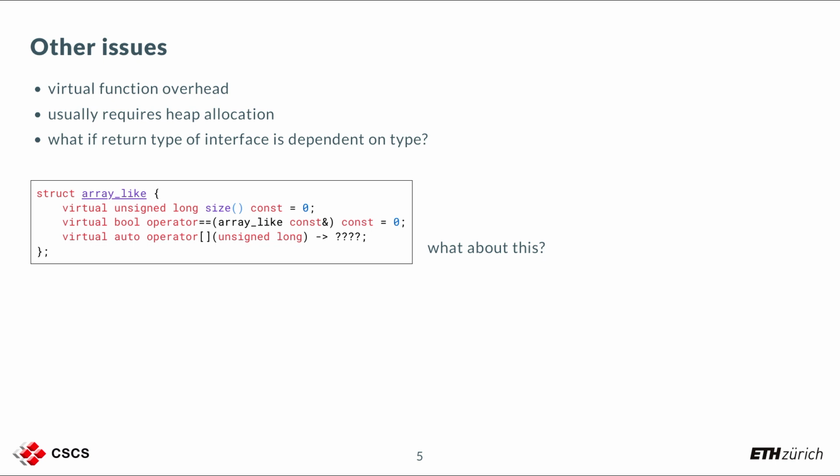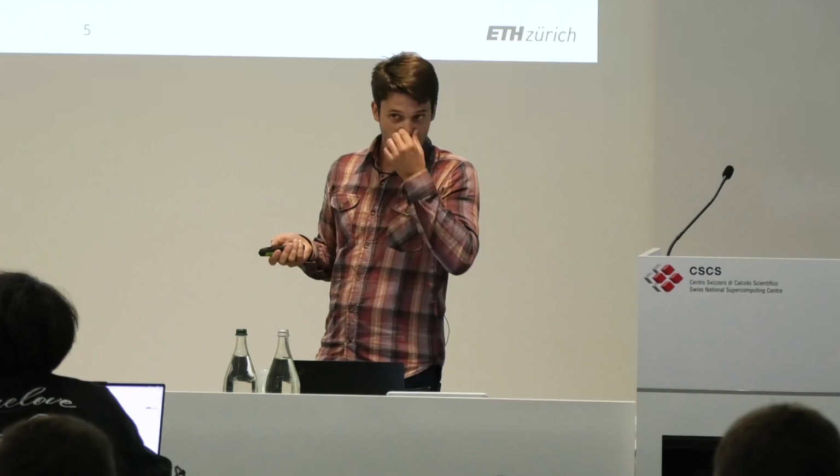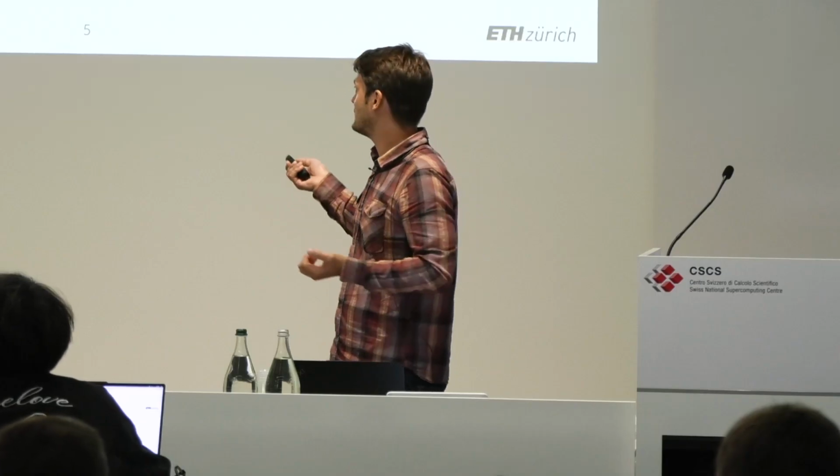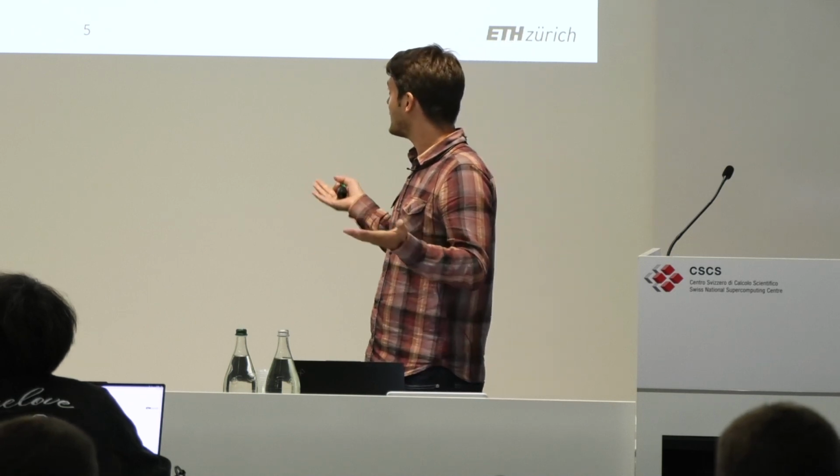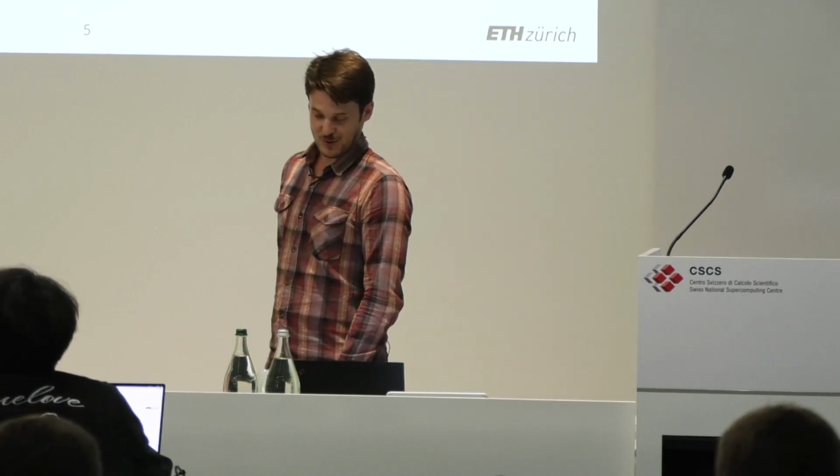But we have a problem with the last one because here we have an index subscript operator, where we want to get the value at a certain index, but we don't know what we should return, because there's no information in this interface that could tell us what we should return.